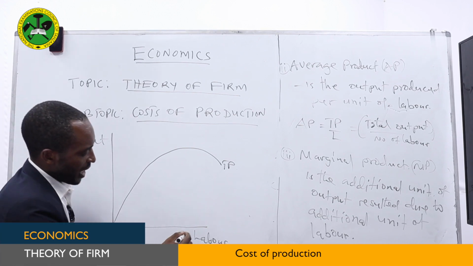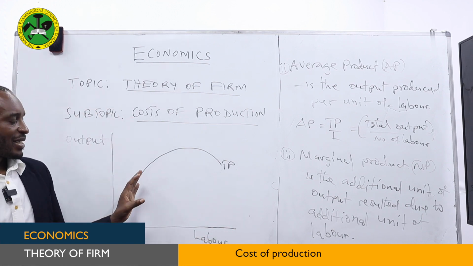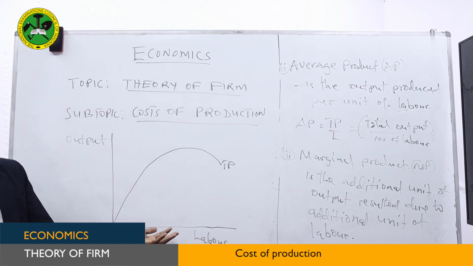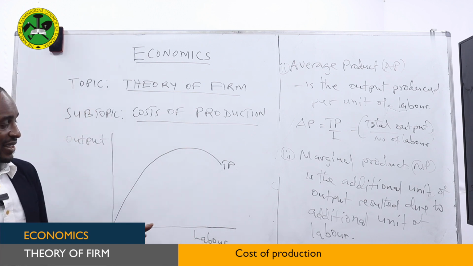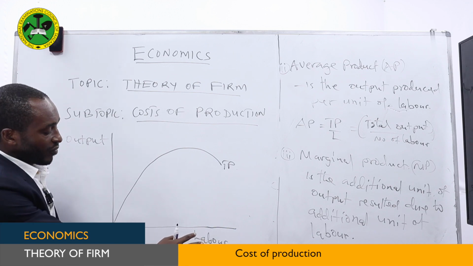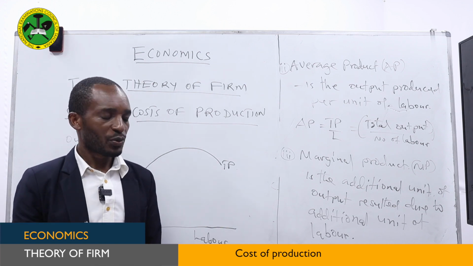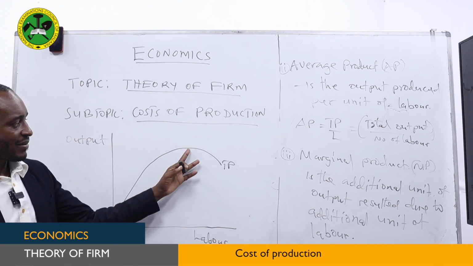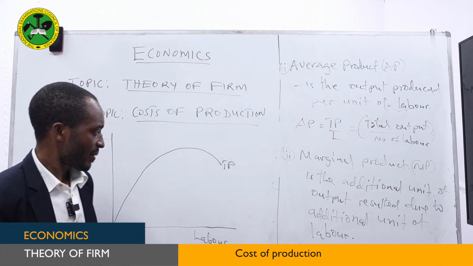So we assume now we are operating under the short run. Here it means some factors are fixed, especially capital, machines, or buildings. It means when you employ more units of labor, the additional output will reach a maximum, then will start to decline or diminish.